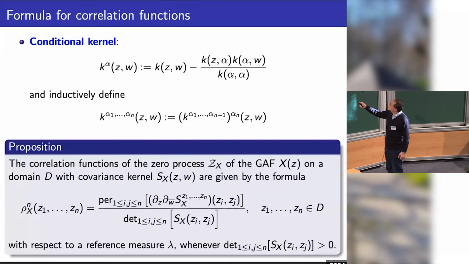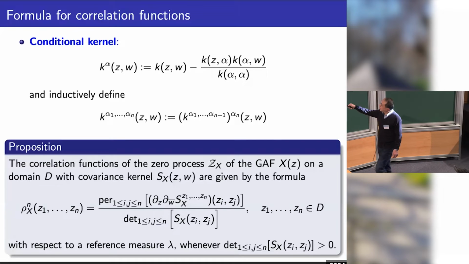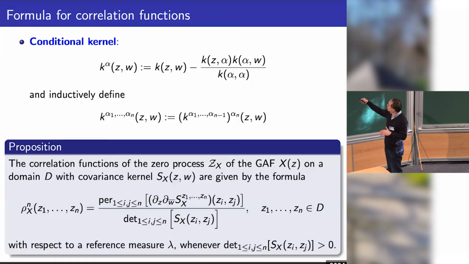If you consider this kind of conditional kernel, it is also called the Shirai complement, and you can inductively define this kind of multiple Shirai complement. Then the n-point function of the zeros is written like this.